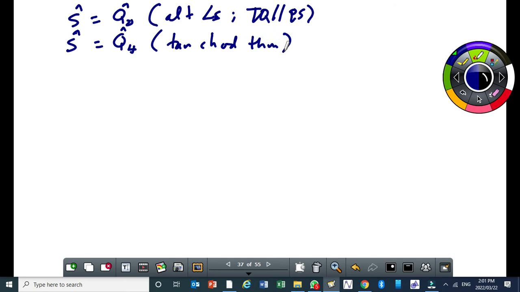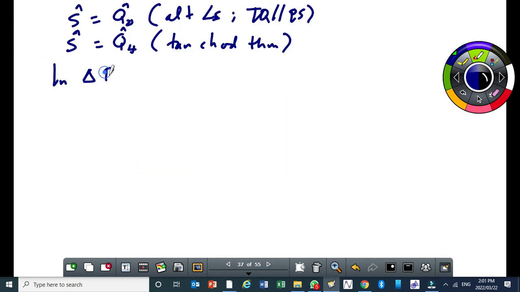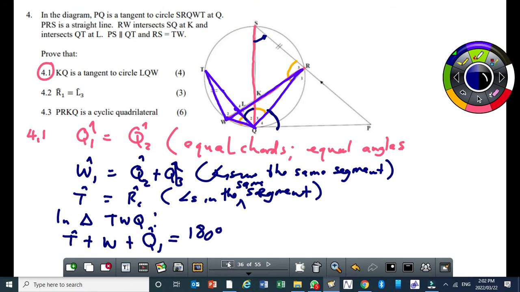Okay? Then, if you look at triangle RWQ, if I add R2 plus W1 plus this whole angle Q1, Q2, Q3, okay? I'll end up getting 180. Do you see that? Am I talking to myself now?